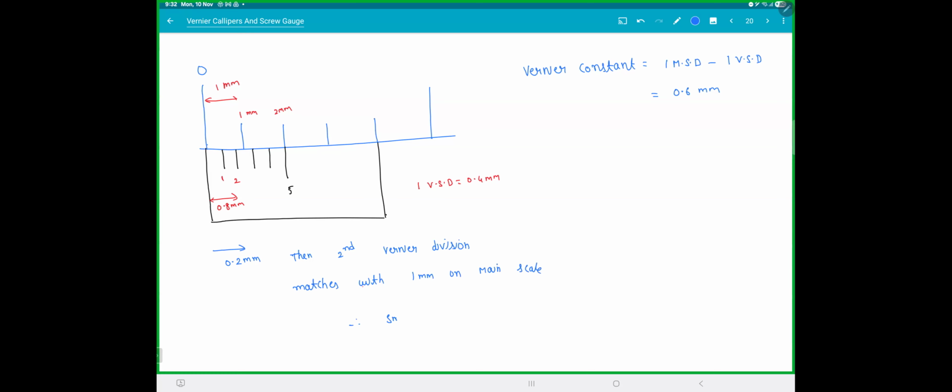Therefore, the smallest measurement you can make is not 0.6, it's 0.2. Therefore, least count is 0.2 mm.